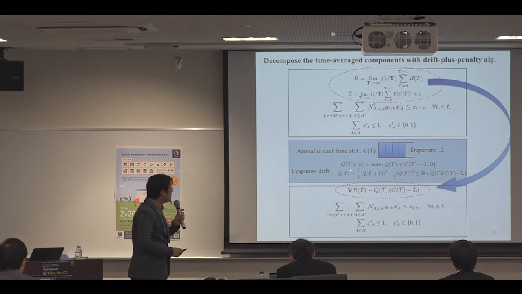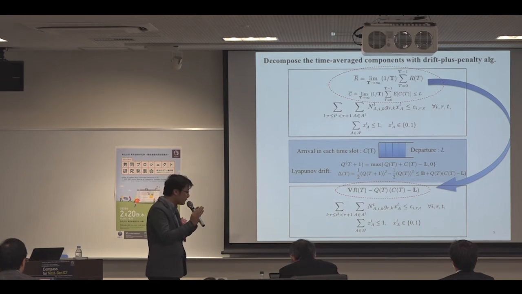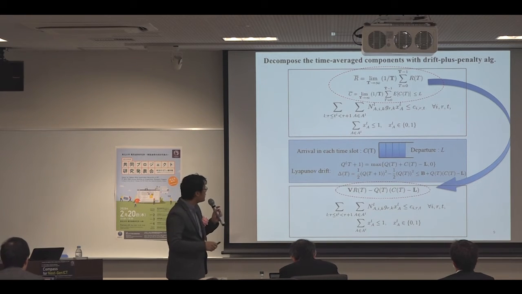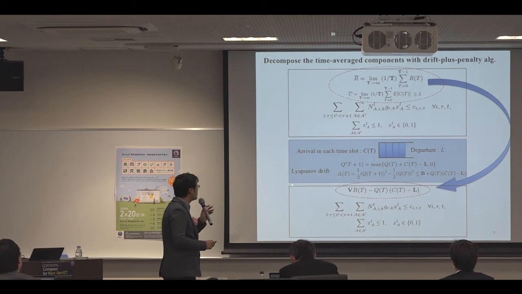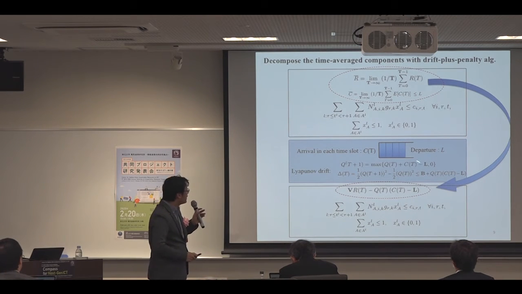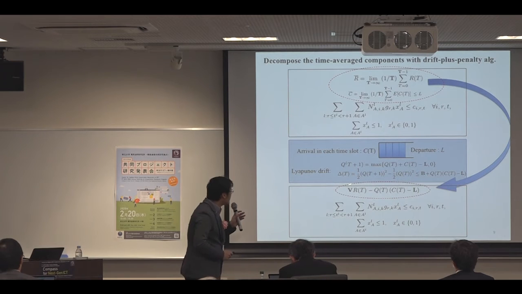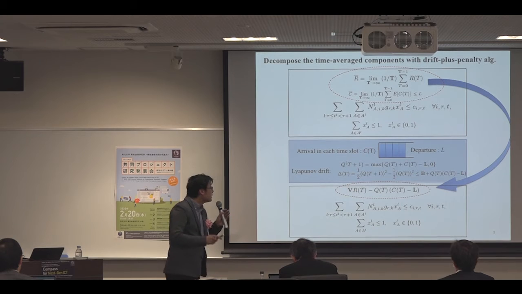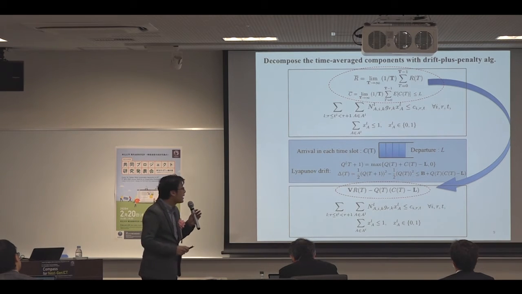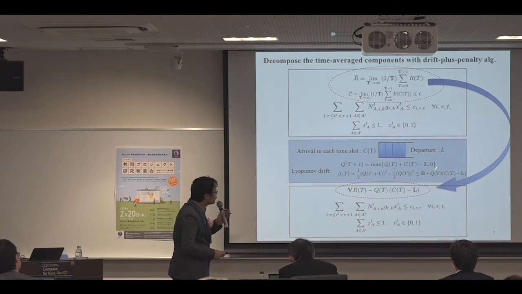For two consecutive time slots, we compute the difference of the square of the queue, and we get the Lyapunov drift. The Lyapunov drift has an upper bound. The upper bound is composed of a constant and one other term of the backlog of the queue.